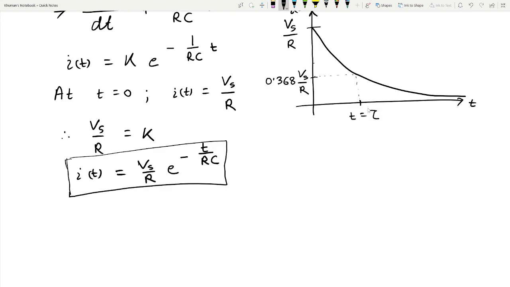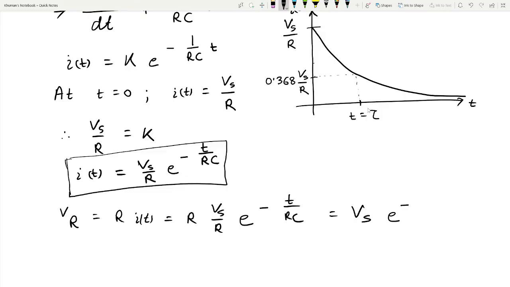Okay, now we can find out the voltage drop at R, that is VR equal to R i(t). So it is Vs by R e to the power minus t by RC, which is equal to Vs e to the power minus t by RC.